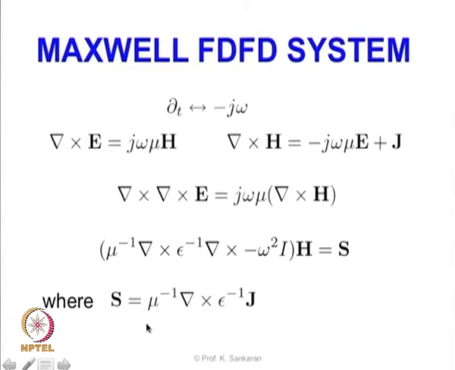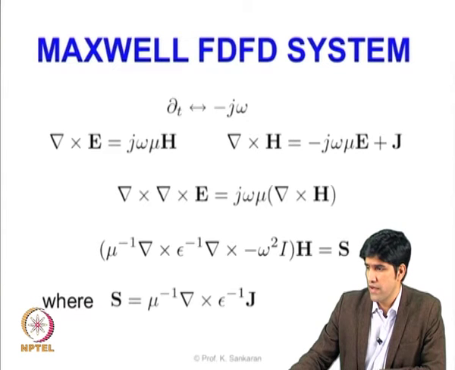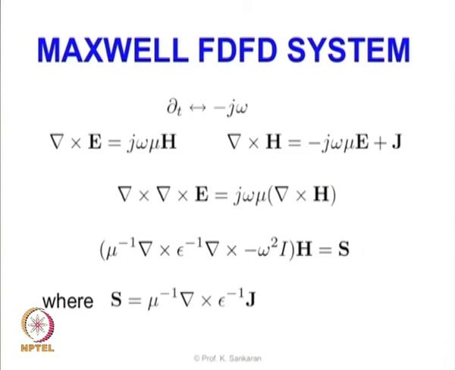Essentially what we have done is made this entire equation an equation in one variable H with a certain source contribution. We can take this and try to symmetrize the matrix. The matrix on the left hand side consists purely of the material component, the frequency component and the spatial component.